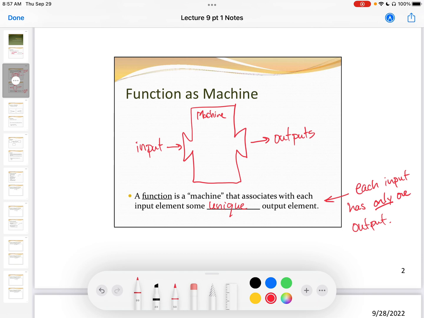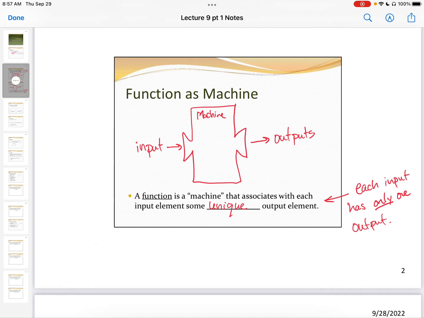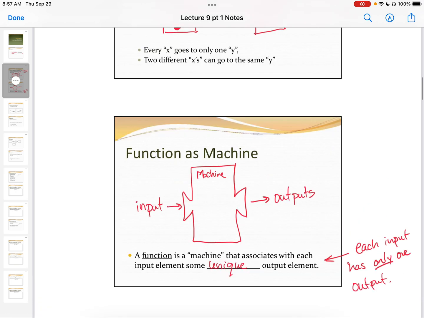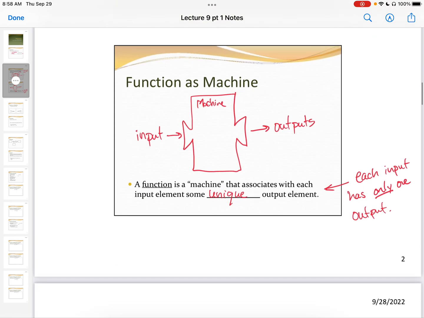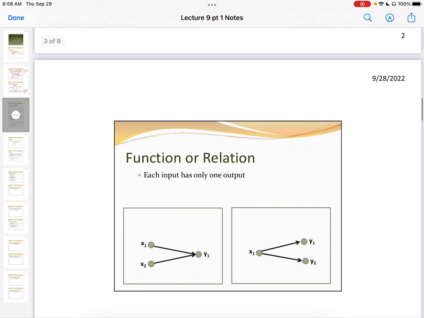So for your test, guaranteed this is going to be on your test. They're going to ask you to define a function, and they're going to tell you that you have to draw a picture with it. You can either define your function as a machine, or you can define it as a correspondence. So you have to pick one of those two when you guys are defining these.